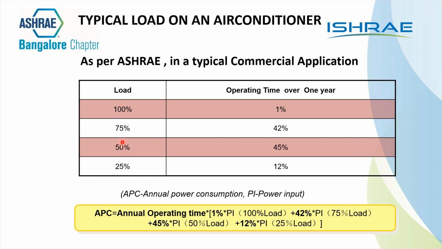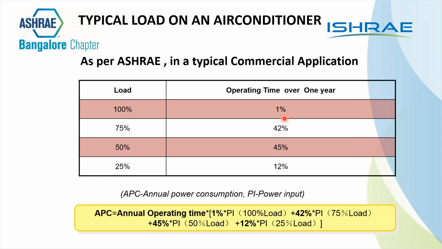However, we are not considering the peak load because peak load is only for 1% of the time in 1 year. That means when we say your air conditioning system is 10 tons, your 10 tons requirement is only for 1% of the time in a year. That means, let us say, for example, 270 days of your operation.